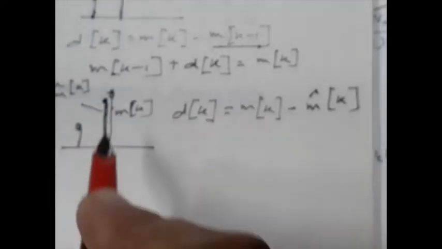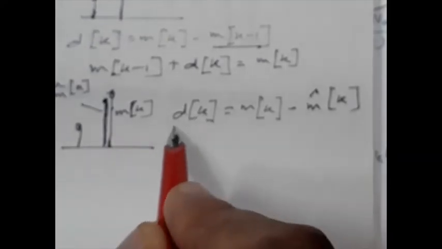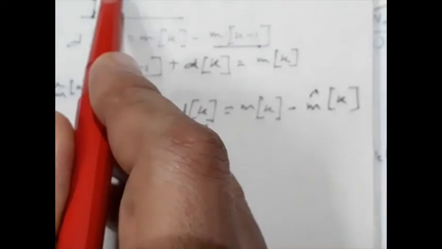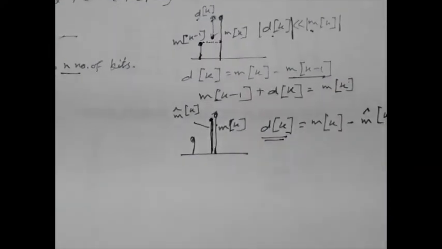So what benefit will we get? If the estimation is good enough, then it is expected that this difference is even smaller compared to the earlier difference. So this is another variation of the original scheme.